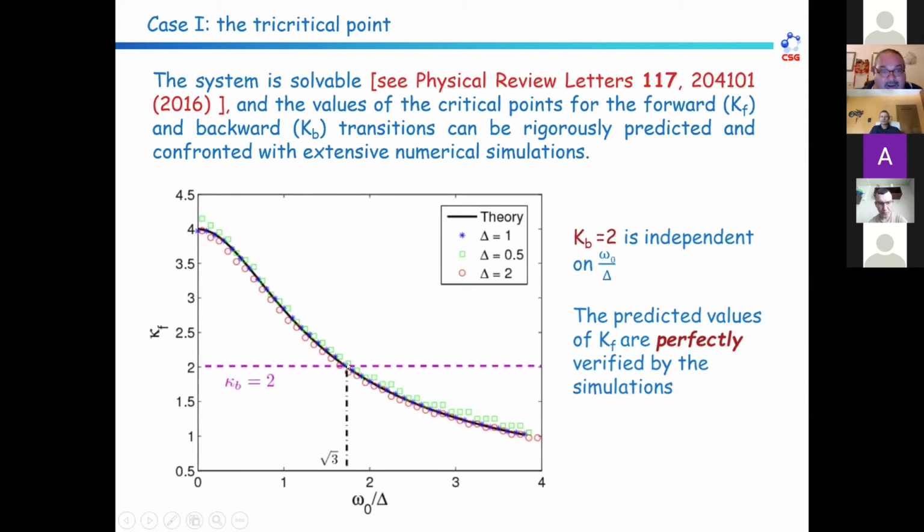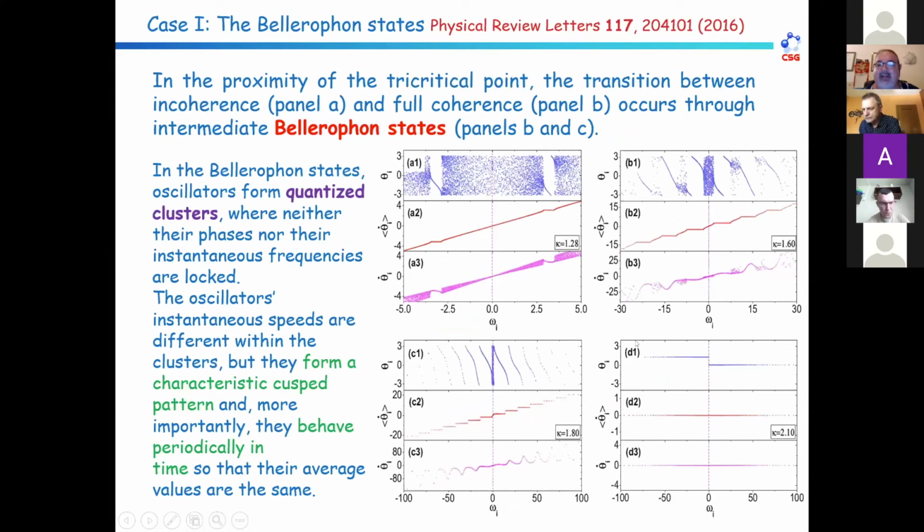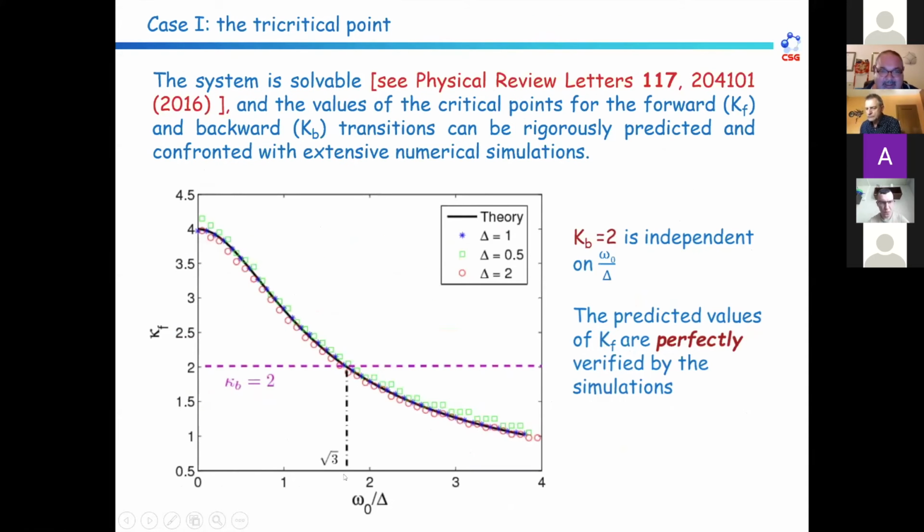And therefore, you can calculate exactly the value at which you have the passage from the first to the second order transition. You can put yourself exactly at omega 0 divided by delta equals square root of 3.